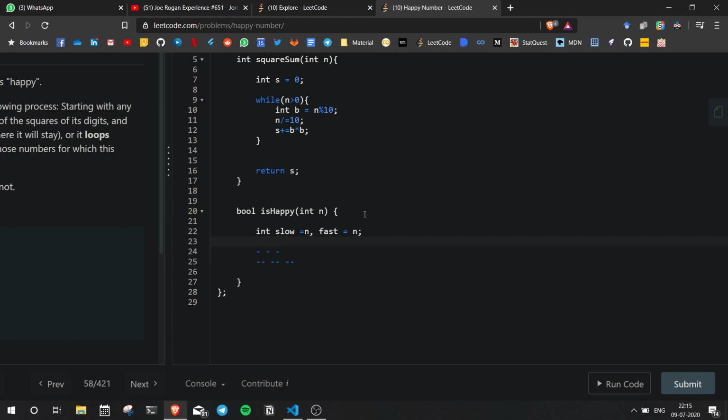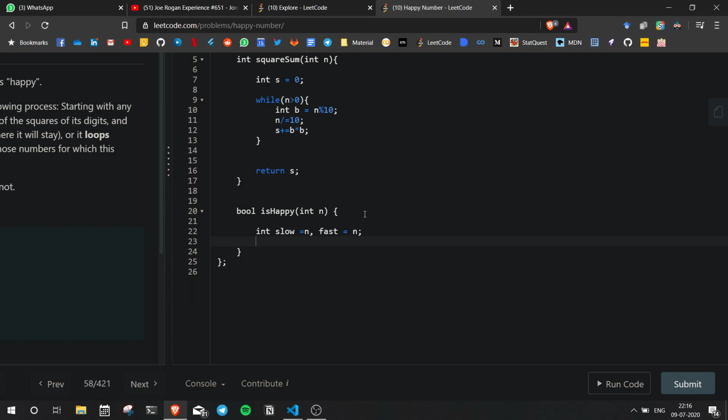You can see this if you just keep solving the progression for a number that is not happy. You will find that there is a cycle. And if you have a progression where a slow pointer moves one step at a time and a fast pointer moves two steps at a time, then you can prove that the slow and fast pointer will meet at one point of time.